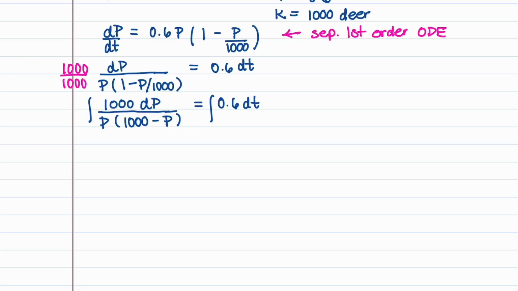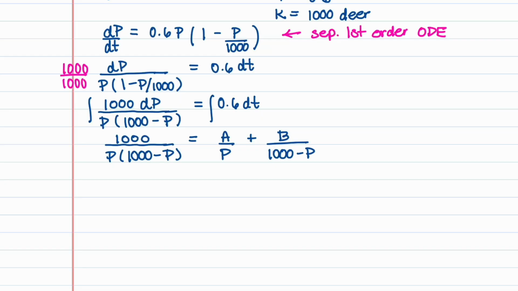Let's now split up our left-hand side using partial fractions. Let's write 1,000 all divided by p times 1,000 minus p and see what that equals. We can write this as a divided by p plus b all divided by 1,000 minus p.